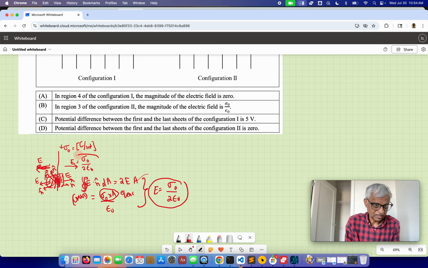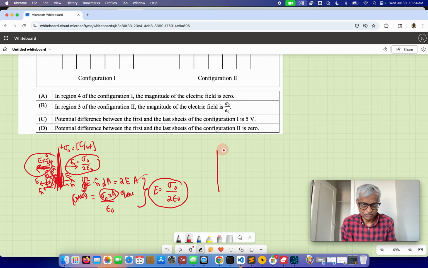So on this side you have electric field like that, and on this side it is sigma over 2 epsilon naught like this, from each positively charged plate. Now if you have a negatively charged plate, you will have the same electric field value, but oriented like this. E will be sigma 0 over 2 epsilon naught on both sides. This is the magnitude, so just keep it positive.